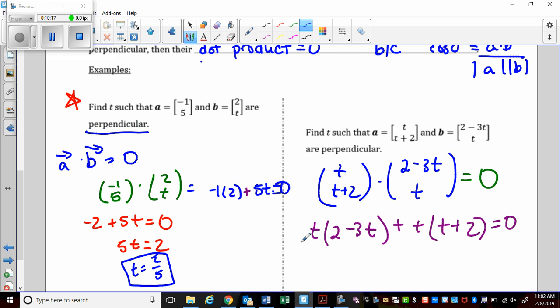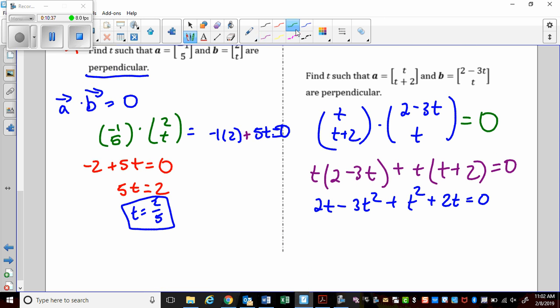Distribute those. We have 2t minus 3t squared, plus t squared, and the t's look very similar, plus 2t equals 0. Alrighty. I see negative 2t squared plus 4t equals 0.